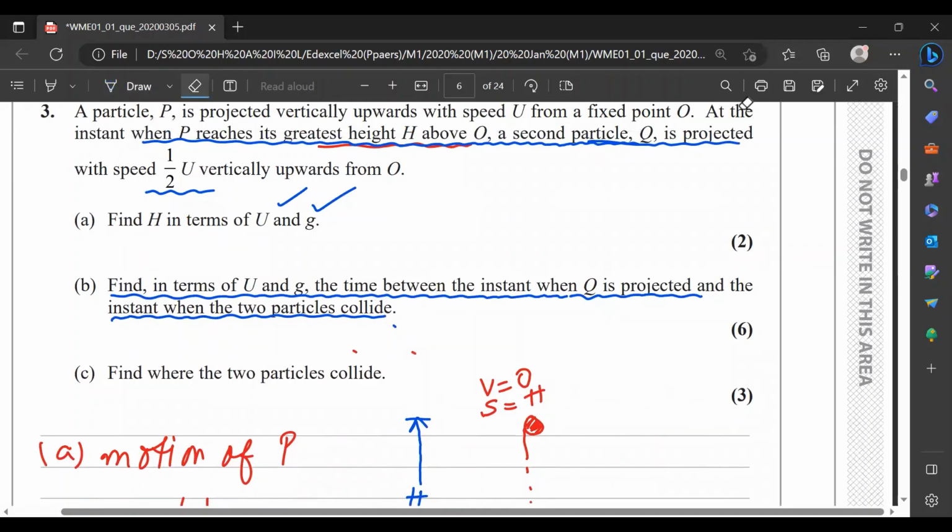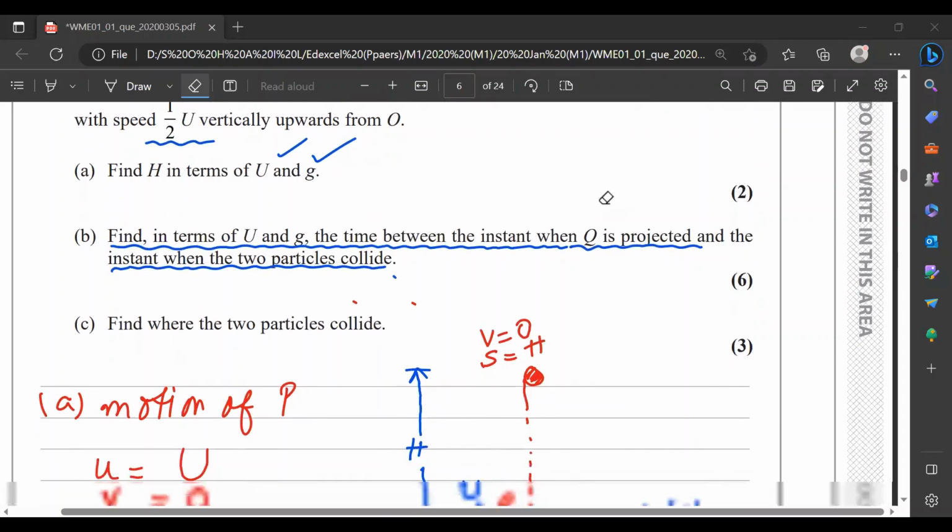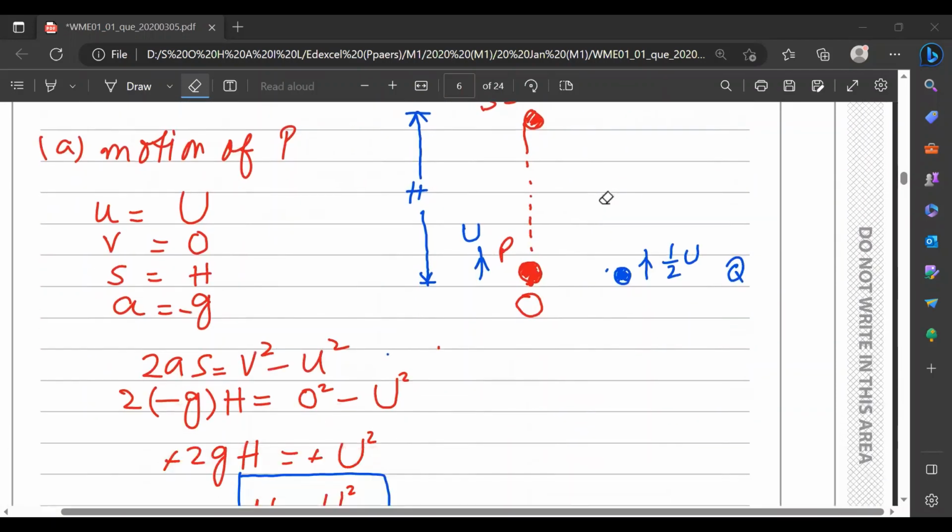Find in terms of u and g the time between the instant when Q is projected and the instant when the two particles collide.